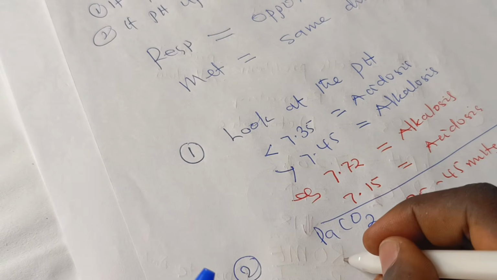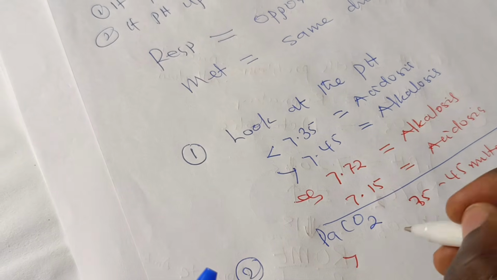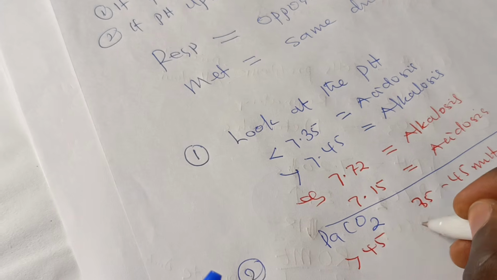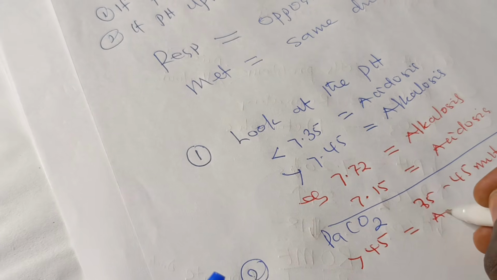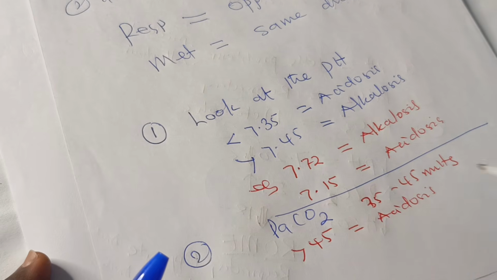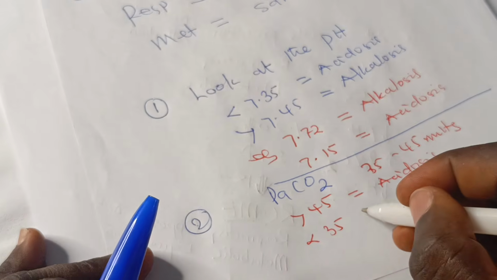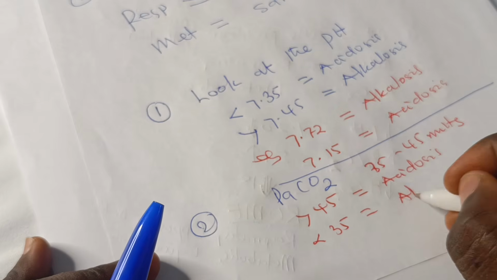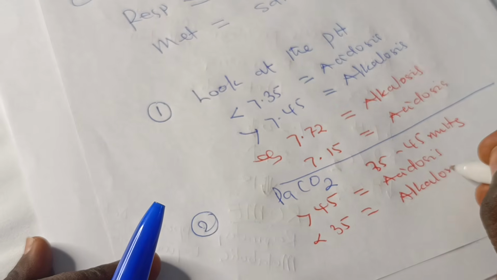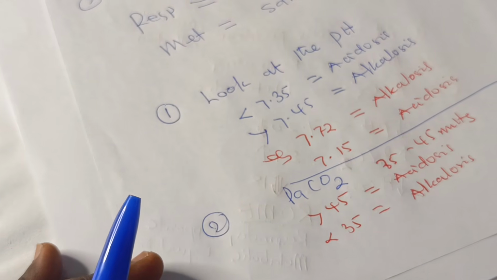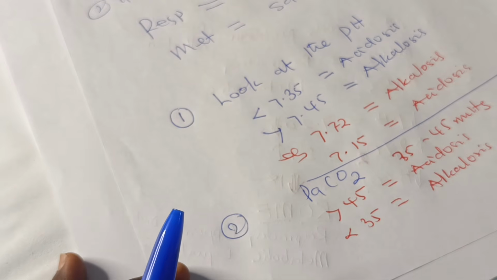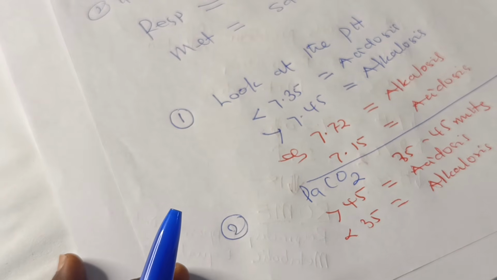So if it is higher than 45, this is acidosis. If it's less than 35, this is alkalosis. It's as simple as that.